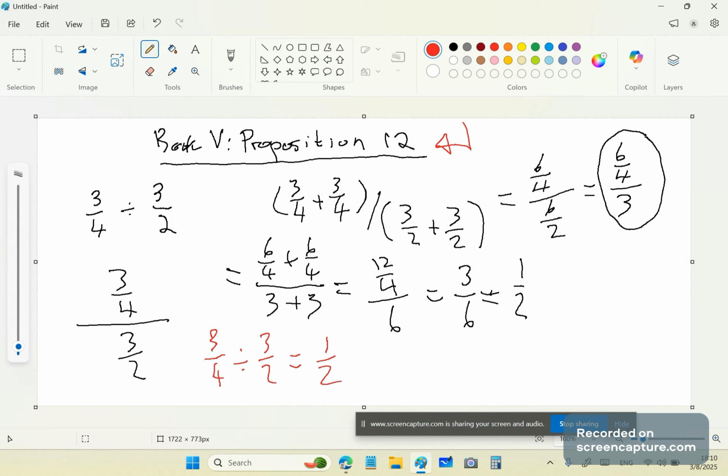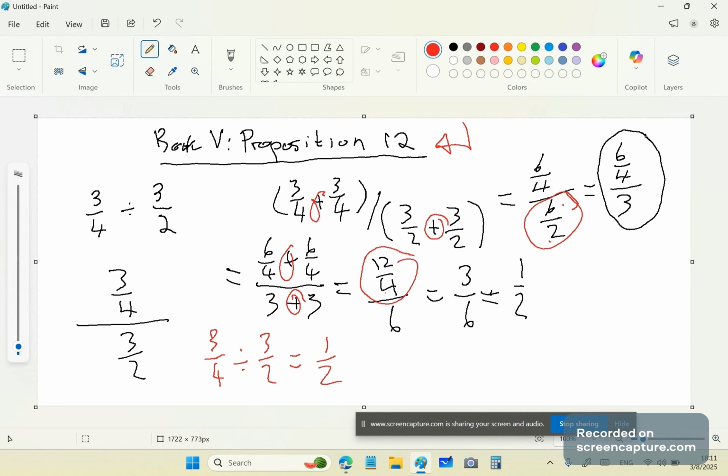All I've done is use only addition, and a very simple knowledge of the fact that if one number measures another exactly, I can simplify it, as I did here and again here, because 2 measures 6 and 4 measures 12.